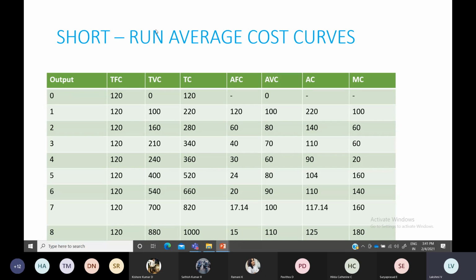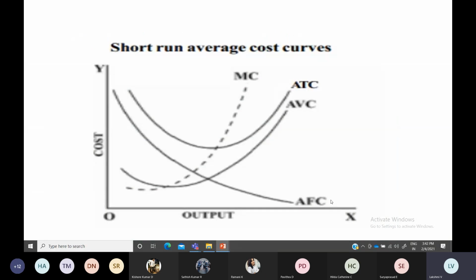Short run means that during a short period of time, while involving factors of production in your business, you keep only one factor variable and all the other factors fixed. If you want to increase your output, what changes happen in average total cost, average variable cost, average fixed cost, and marginal cost?